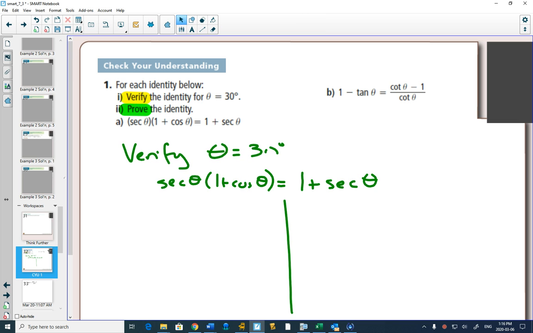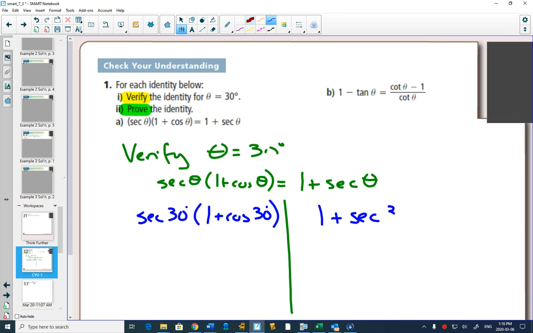Still split it and draw a line where the equal sign is. And now with a verify question, you actually plug in the numbers. So we would have secant of 30 degrees times 1 plus cos of 30 degrees equals, on this side, and there's no equal sign, on this side you'd have 1 plus secant of 30 degrees.